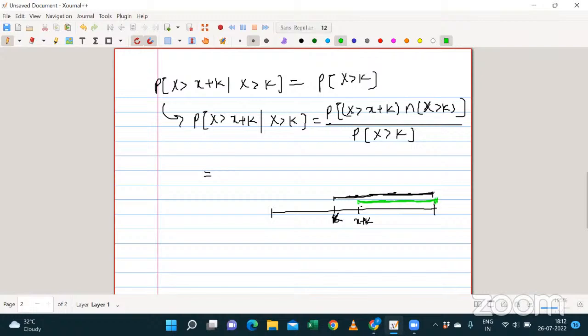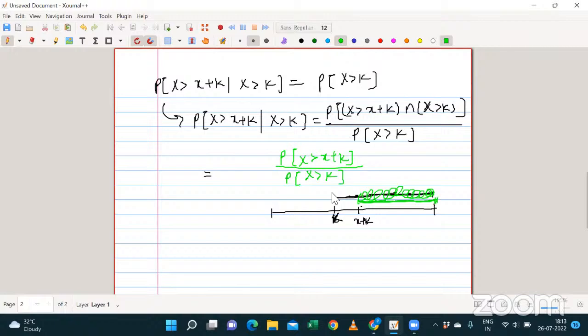So what is the intersection between these two? This region. That means the probability of X greater than x plus k will be the intersection.